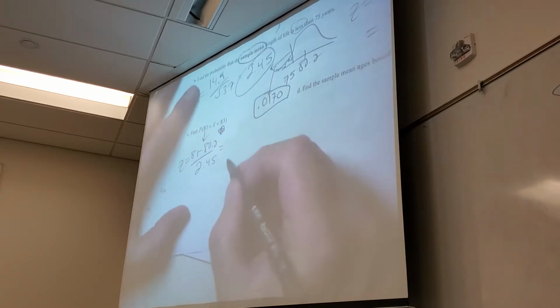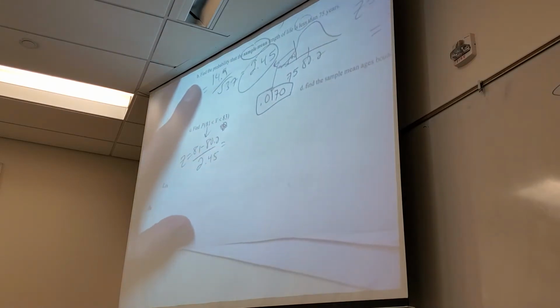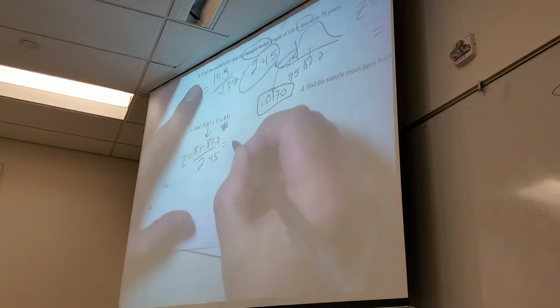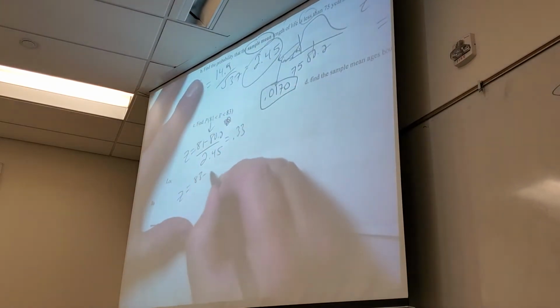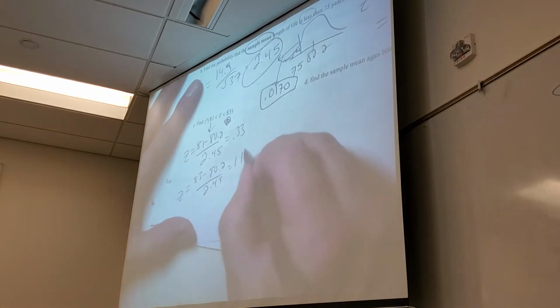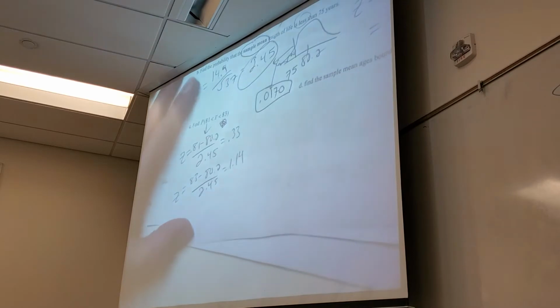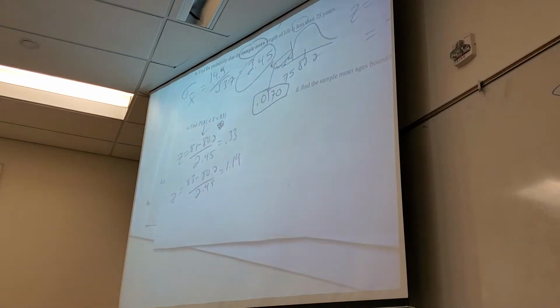What do you guys get for that? 0.33? Yeah. And then the z-score for 83. Then you look up those areas, you subtract them, right? That doesn't change at all. The only thing that changes is the spread.